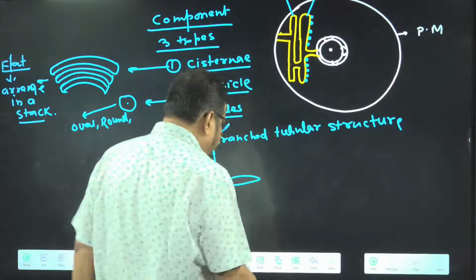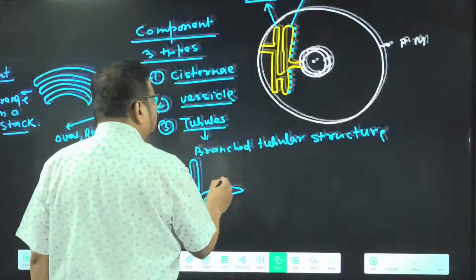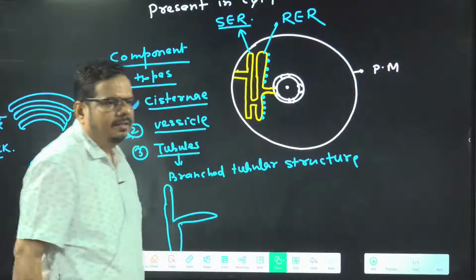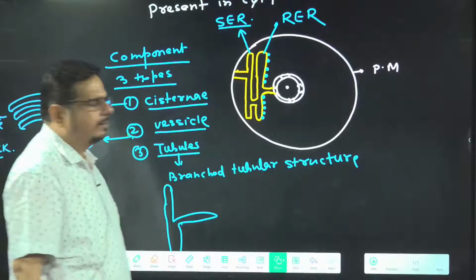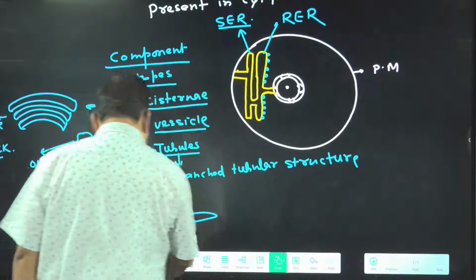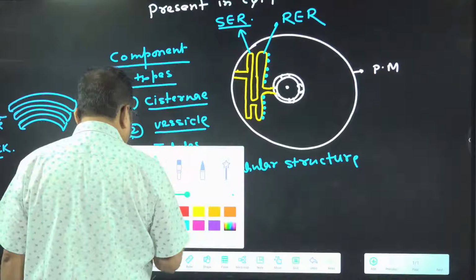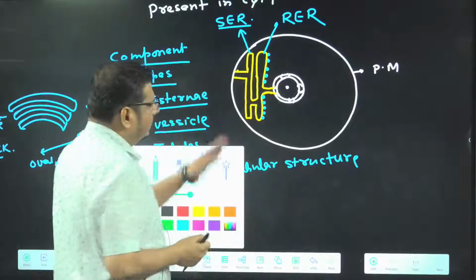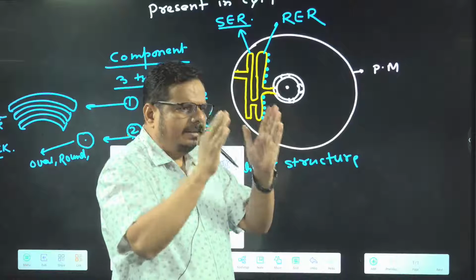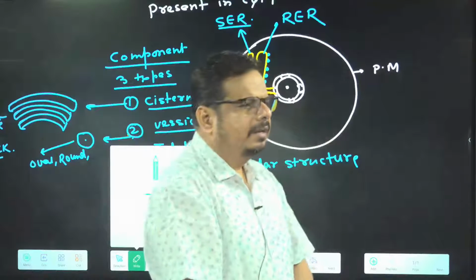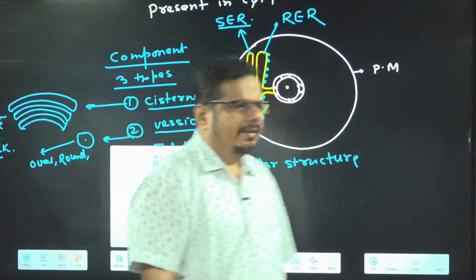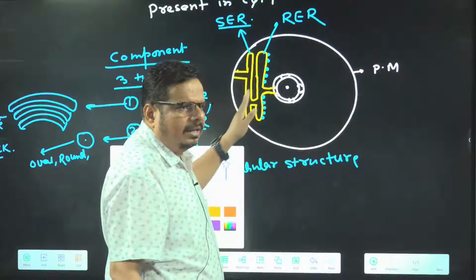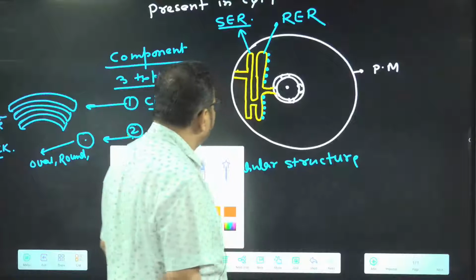All right. Now you just observe the endoplasmic reticulum diagram here. Whenever you observe the diagram of the endoplasmic reticulum, what are you finding? This endoplasmic reticulum is dividing the cytoplasm into two parts. Getting the idea? Every side the endoplasmic reticulum is there, so they are dividing the cytoplasm into two parts.